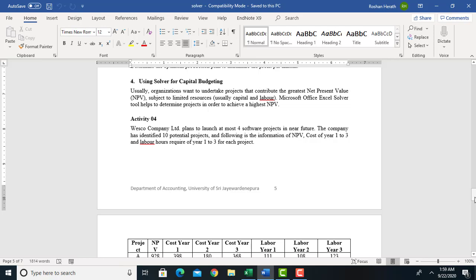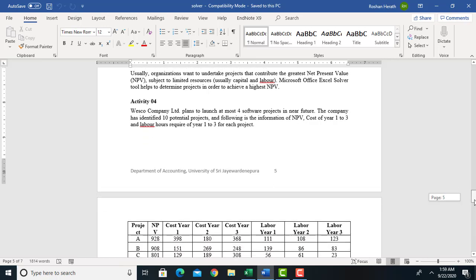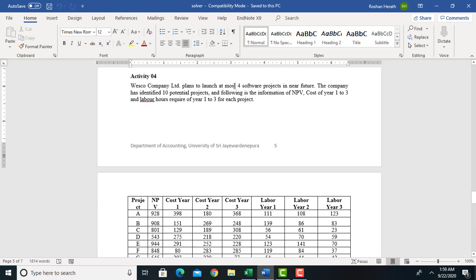Let's see this through an example. Activity 4. The Vesco Company Limited plans to launch at most 4 software projects in the near future. They want to undertake a maximum of 4 software projects, depending on the labor they have and the financial commitments.